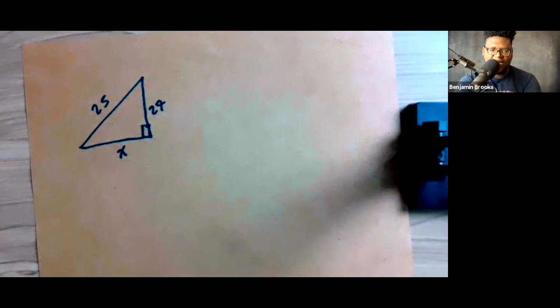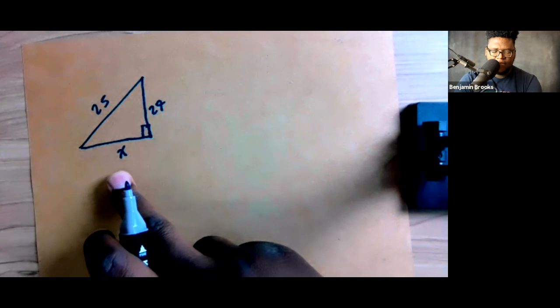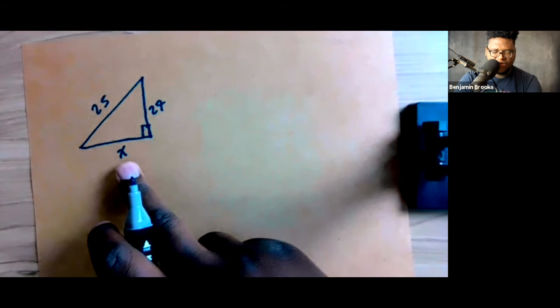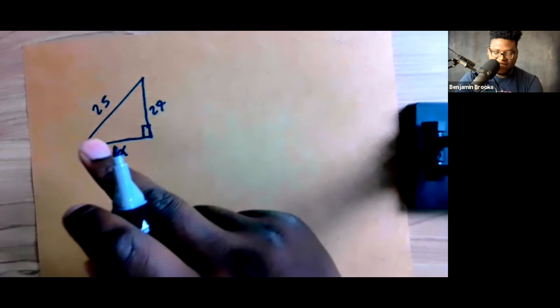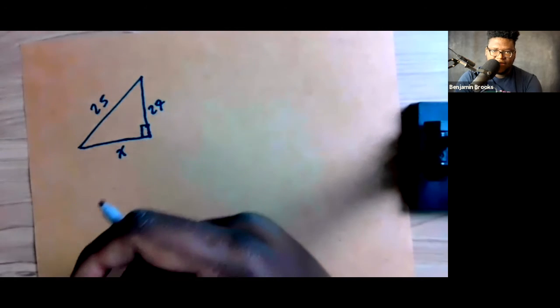Now, the first thing I want you to do is pause the video and think about what is the difference between this and the last few problems we've done. Okay, so the difference between this and the last few problems that we've done is that in this case, the missing side isn't the hypotenuse, it's a leg, right?